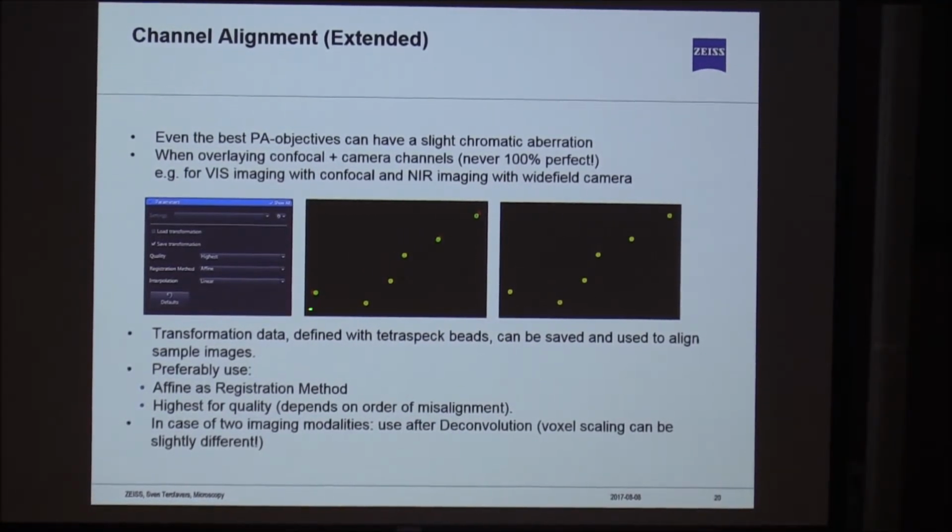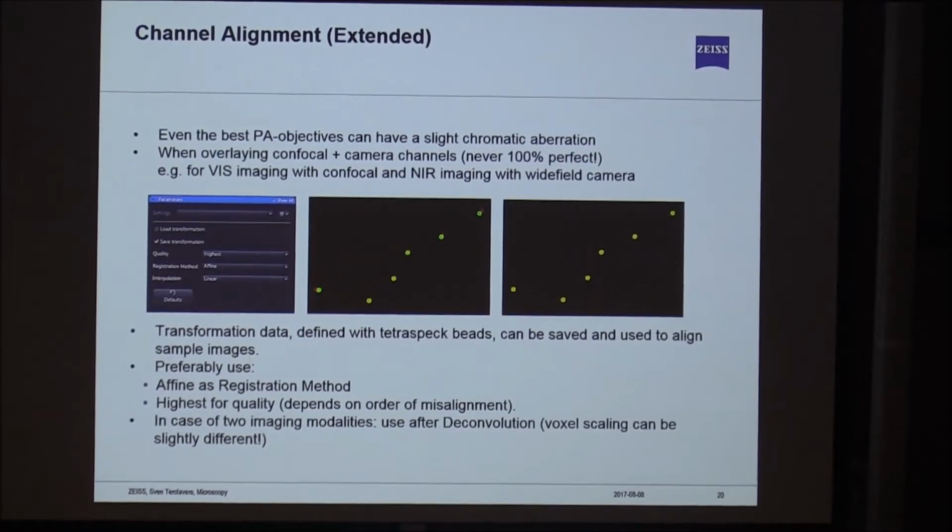Here, for example, on the left side, I don't know if you can see it well, you see that it's one bead which is colored for green and red. You see that the red is slightly shifted from the green. Also here on top you can see it. After applying the channel alignment, all the channels will be nicely aligned on top of each other.